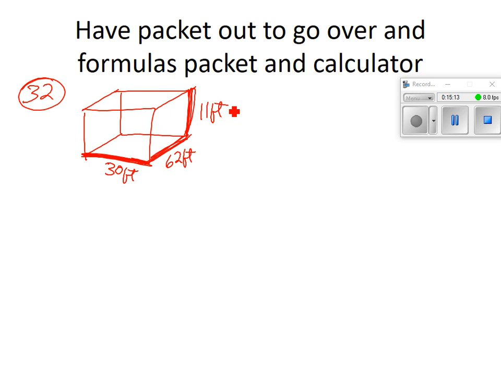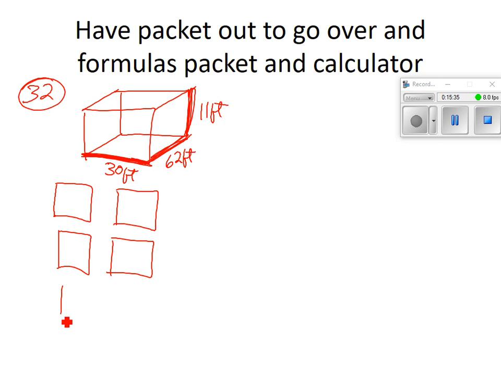How am I going to find the surface area of this? What have we been doing this whole time with surface area? Draw the nets. What shapes? Squares, rectangles. How many are rectangles? 6. But we're not putting siding on the top and bottom. Calm down, we'll get to that.